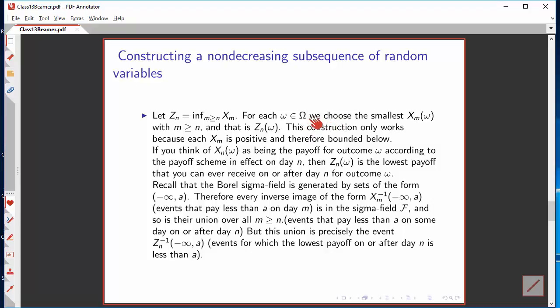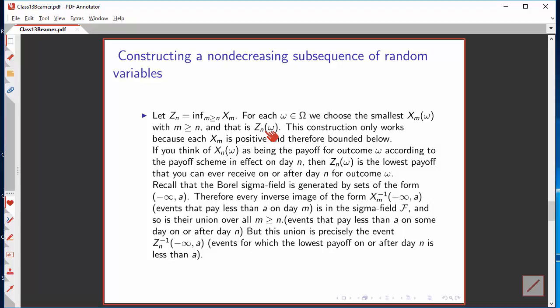How do we construct this? We look at any element omega in the sample space, anything that can happen, and we ask ourselves, what is the smallest possible payoff beyond the payoff on the nth day? And we define that to be z sub n of omega.